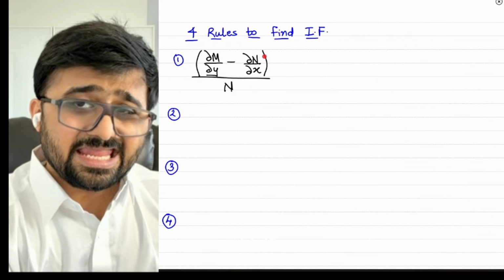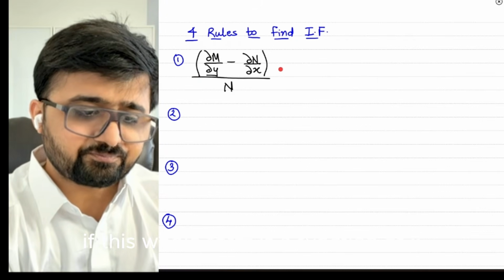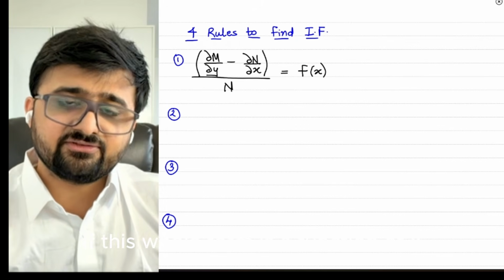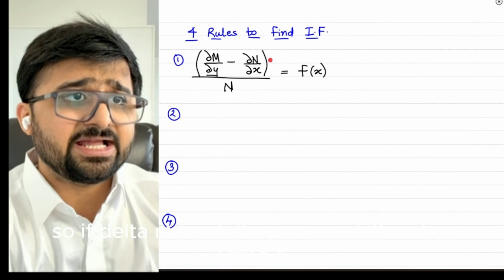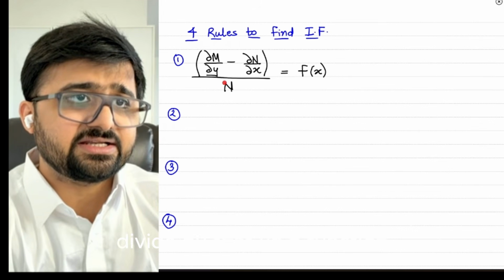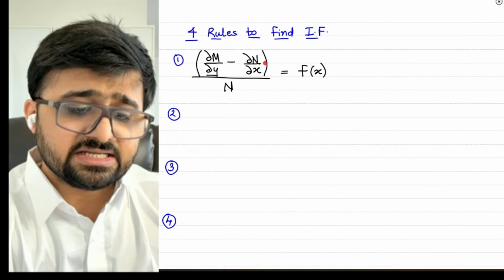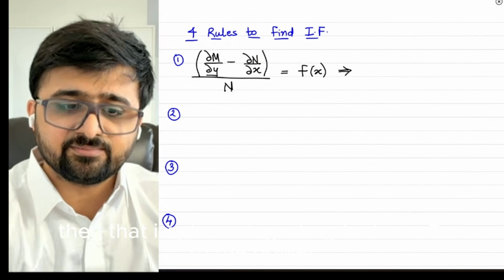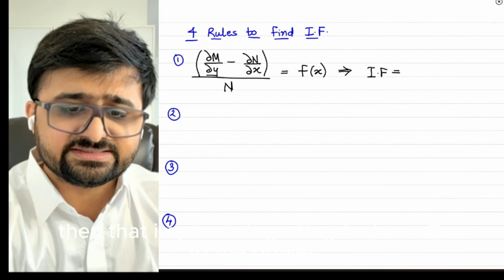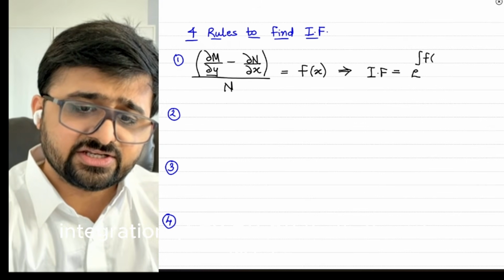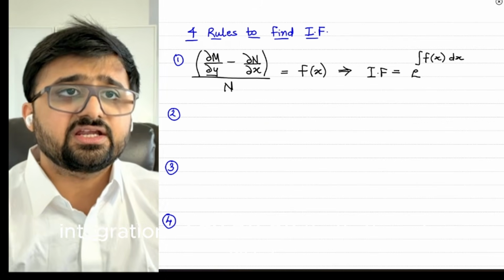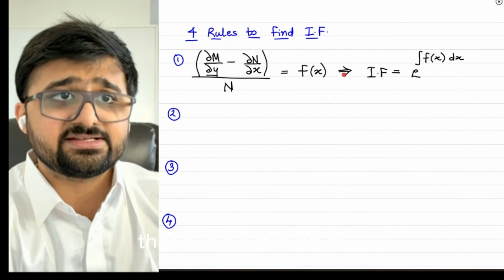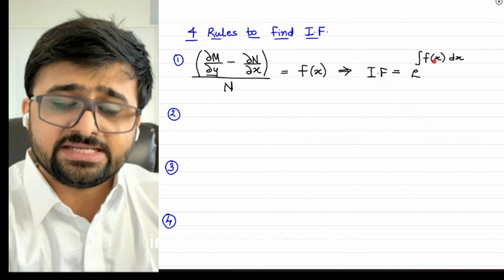If this whole term is a function of x, then that implies the integrating factor is e to the power integration of f(x) dx. That's rule number one. If we notice that this difference divided by N is a function of x, then the integrating factor is e to the power integration of f(x) dx.